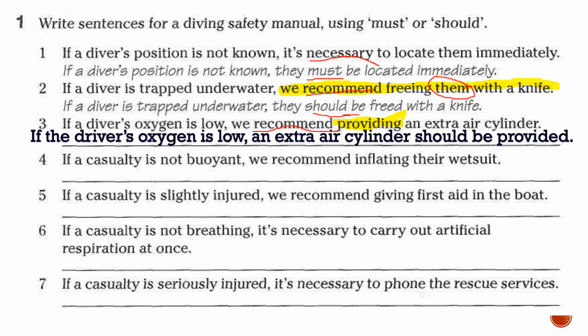So we start with the object, an extra air cylinder. If the diver's oxygen is low, an extra air cylinder should be provided. I use should because it's a recommendation, and we need to add be after the modal verb so that we can use the past participle of the verb.